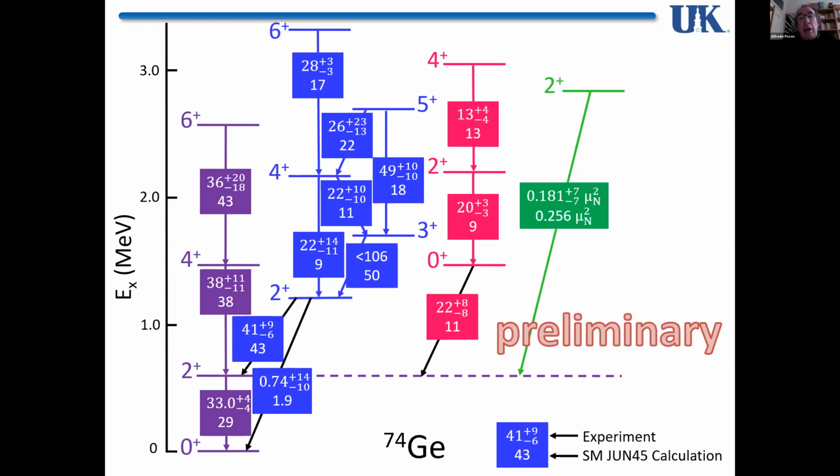And related to that, the effective charges used in the calculation, because in our view, the space of the interaction is too small. You need to open up, at least for the neutrons, to get a bit of extra collectivity. If not, you really have difficulties explaining the quadrupole moments of the lowest two pluses. I accept that as a comment.